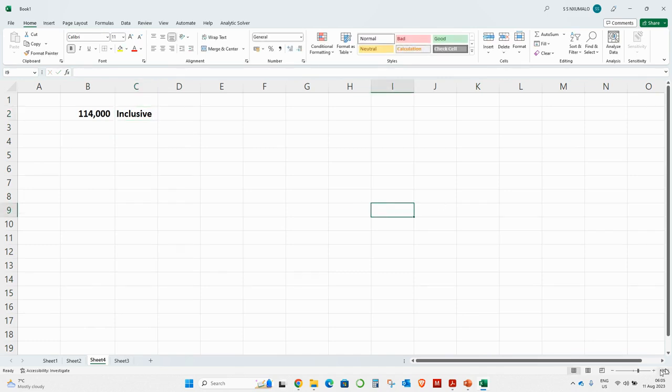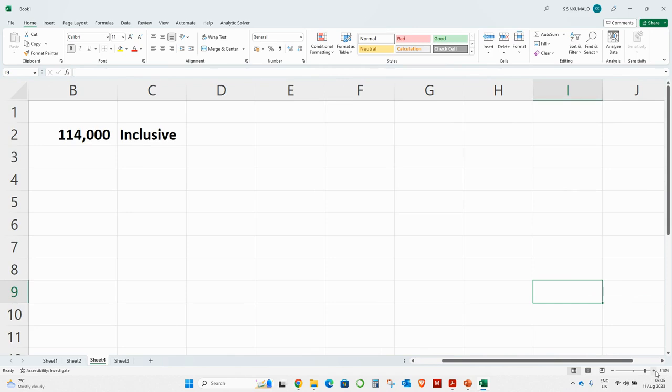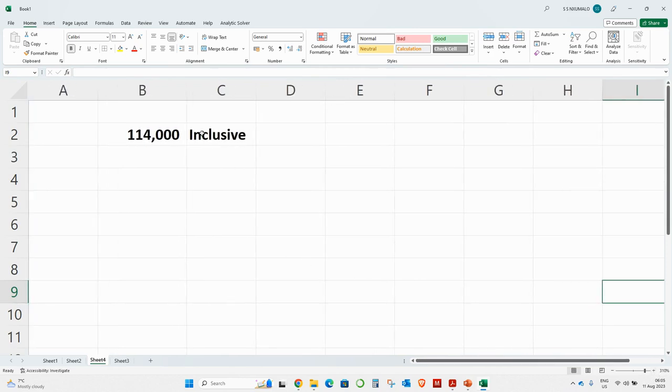Okay, let me zoom it even more, guys. Sorry. I really don't want to repeat the mistake that I made last time. So this amount is including VAT. So I'll just say it's inclusive, right?